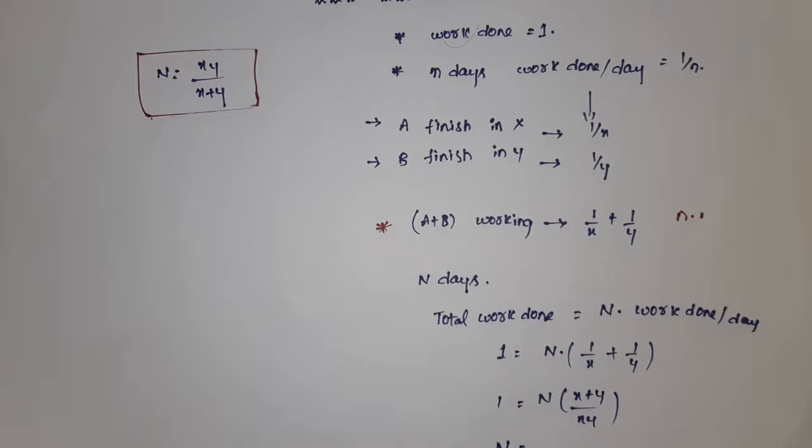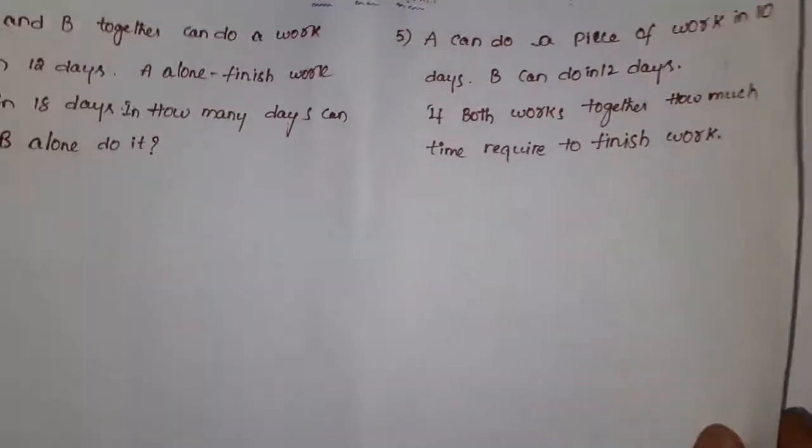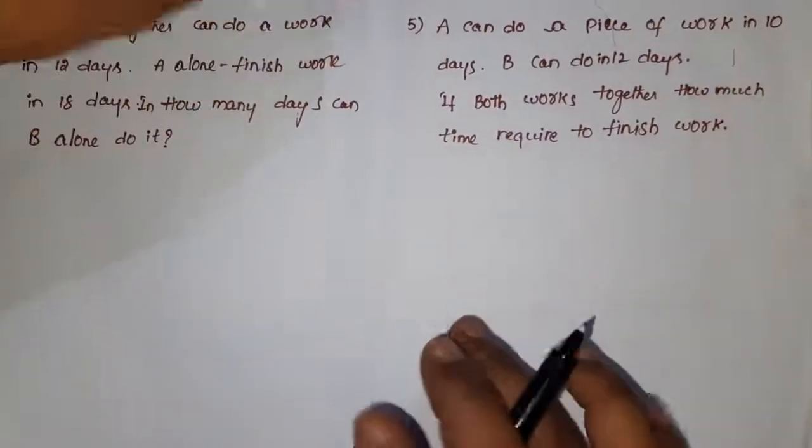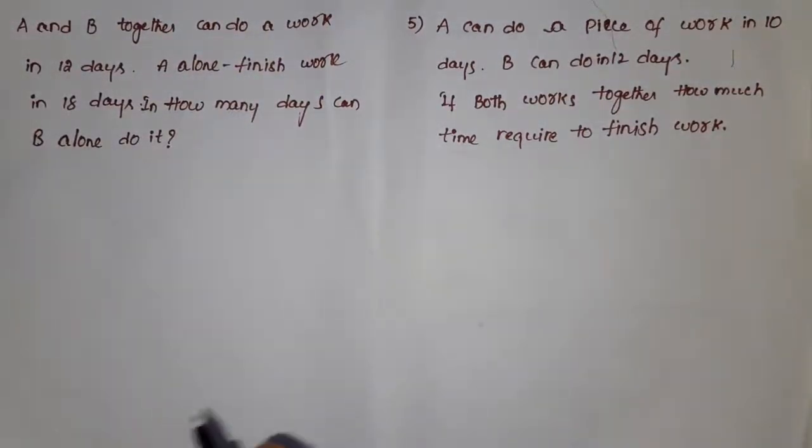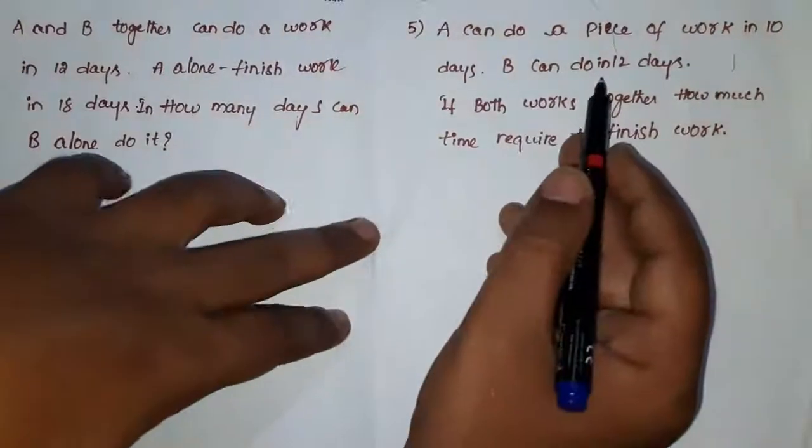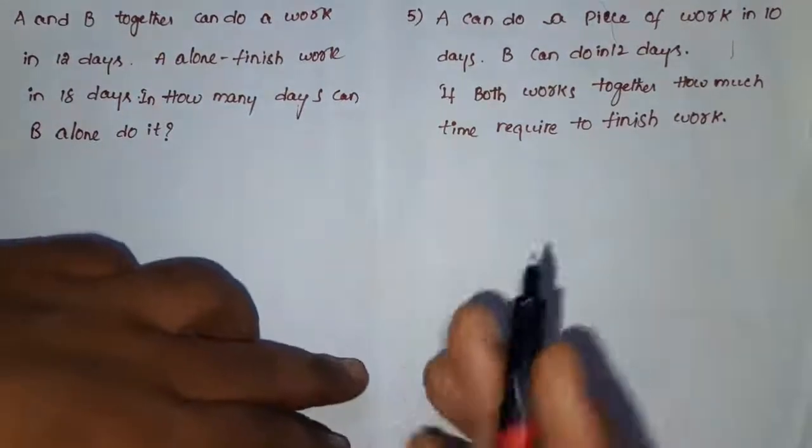Let us see example problems in this topic, and later on we'll solve many different kinds of problems and previous year problems on this topic. Let us see two basic example problems in this video. A can do a piece of work in 10 days and B can do the same work in 12 days.